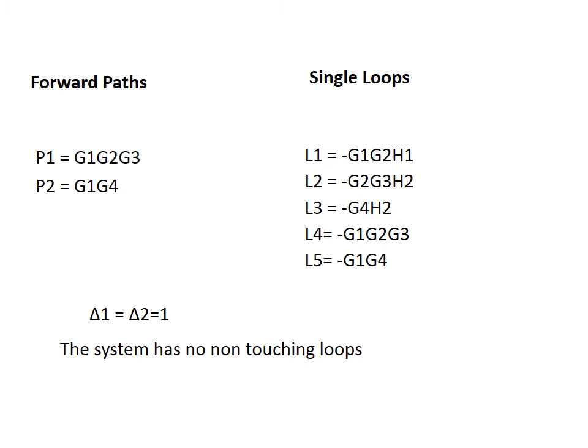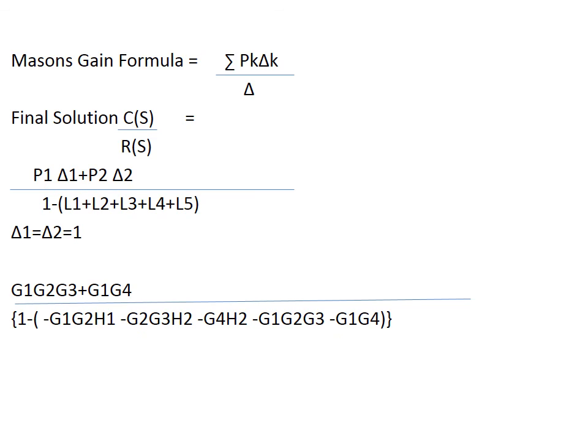The same are being represented. The first forward path P1 is G1, G2, G3. The second path P2 is G1, G4. We have the 5 loops as identified in the problem. Here delta 1 and delta 2 again are 1, as the system has no 2 non-touching loops. So the final representation, Mason's gain formula says Pk delta k by delta. Our solution is obtained by P1 delta 1 plus P2 delta 2 by 1 minus the sum of L1, L2, L3, L4, L5.